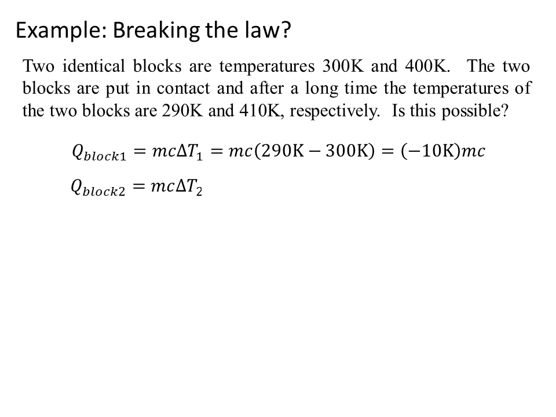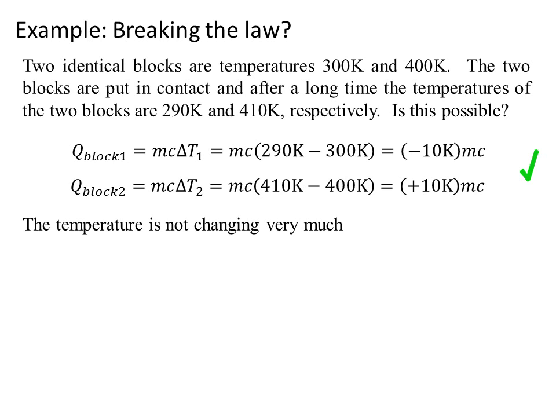If we look at block 2, we have the same constants, M and C, times now a different delta T. That's equal to MC times the final temperature, 410 K, minus the initial temperature, 400 K. That gives us a positive 10 K MC. So one block ends up giving up energy, the other one takes it in, so there's no problem as far as energy goes. The energy is all conserved.